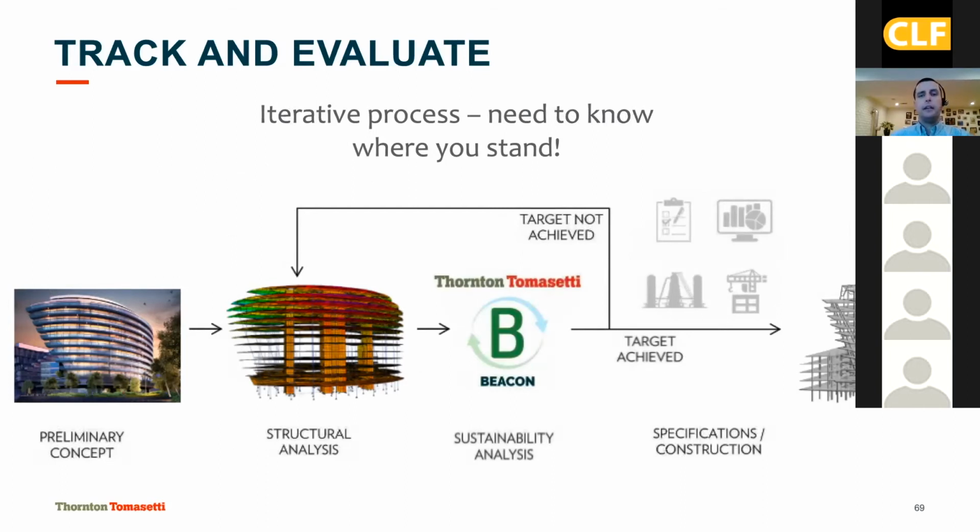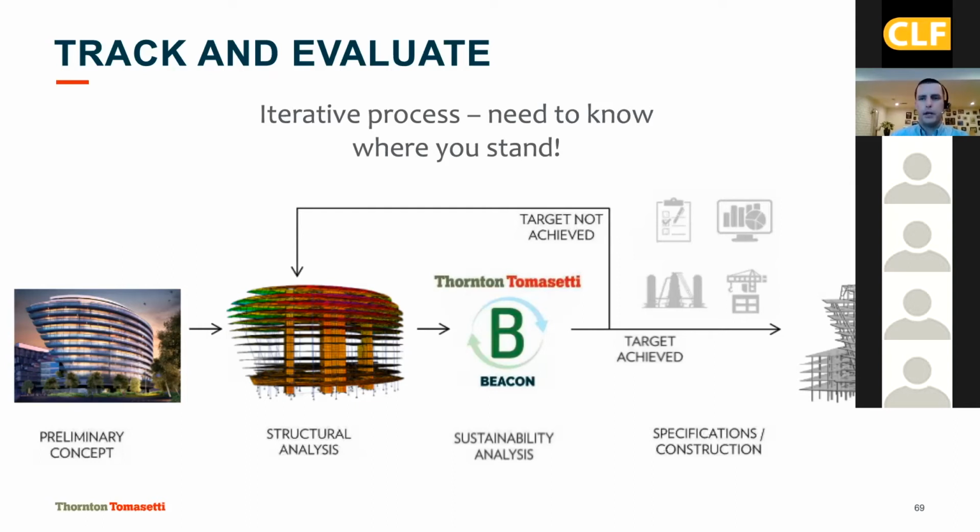And with a couple of clicks of the mouse, you can take a structural Revit model and input some parameters. It uses standard parameters, average parameters for the US, but you can input your own GWP values. But it'll tell you what the carbon footprint is of your structure. So then any changes you make in the Revit model, you can iterate.